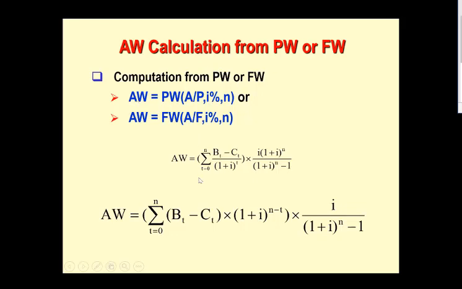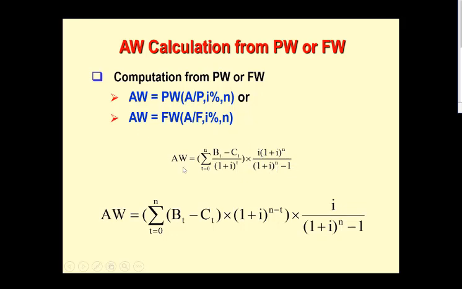Here, annual worth equals present worth times a factor. This factor is the capital recovery factor. That means we have a given present value, and we have to find the annual value.